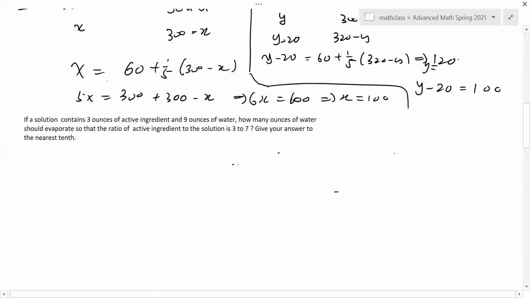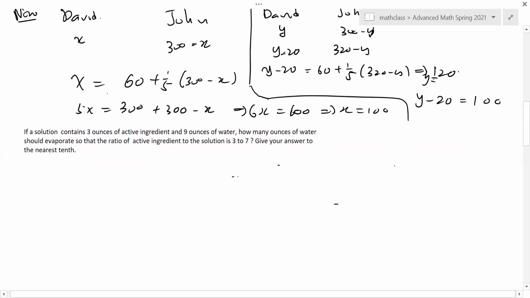All right. So now go back to the solution problem. A solution contains 3 ounces of active ingredient and 9 ounces of water. Please work on this. How many ounces of water should evaporate so that the ratio of the active ingredient to the solution is 3 to 7?